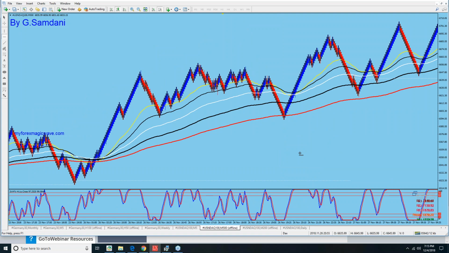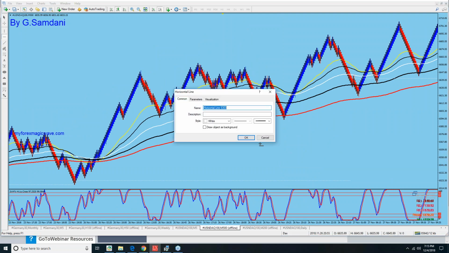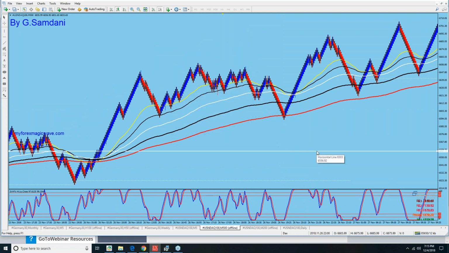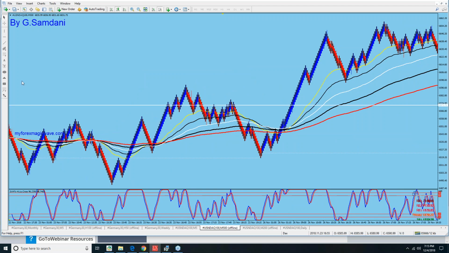Okay, this is a big number here, right? 65.72. So what happened? We came below that, and then nicely we hit this line here, and then dropped, and then went above this.